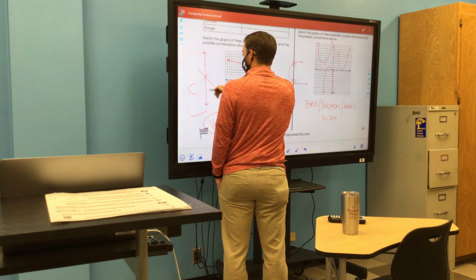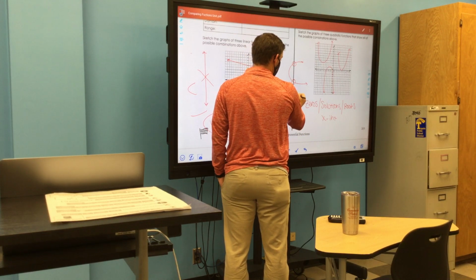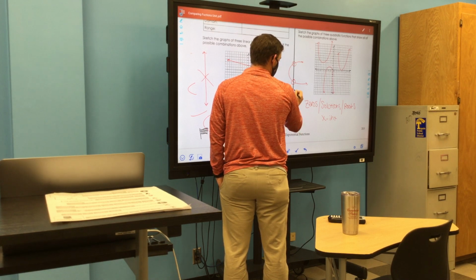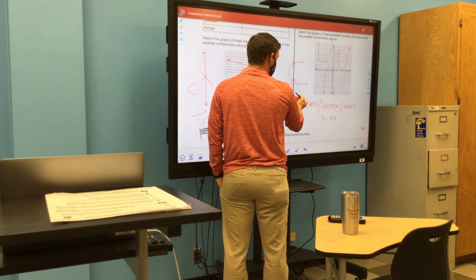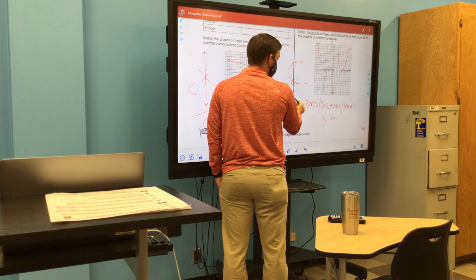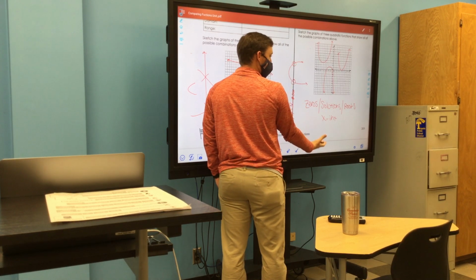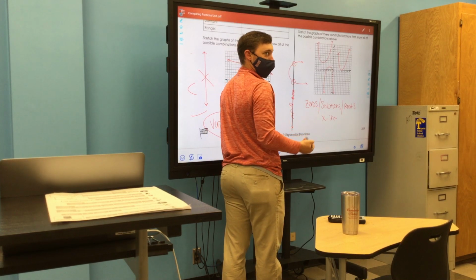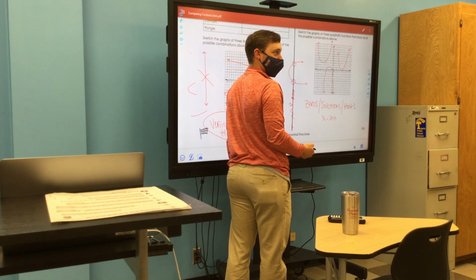Same thing when we talked about this straight up vertical line. If this is my vertical line test, and there's my vertical function, how many times does it touch it? 1, 2, 3, 4, 5, 6, 7, all those different spots, so therefore it's not passing my vertical line test. Everybody understand that? Everybody good?